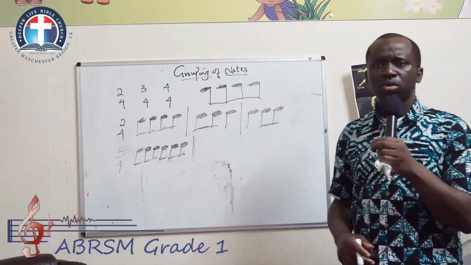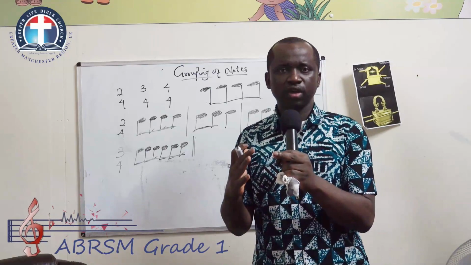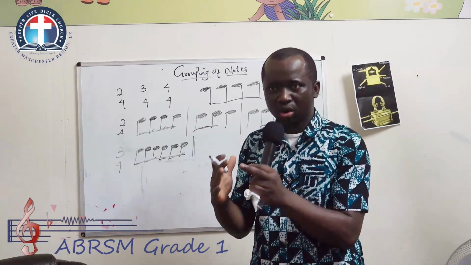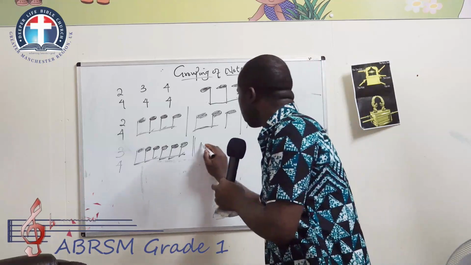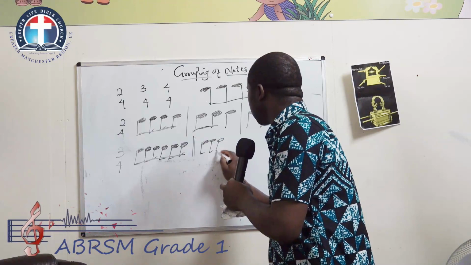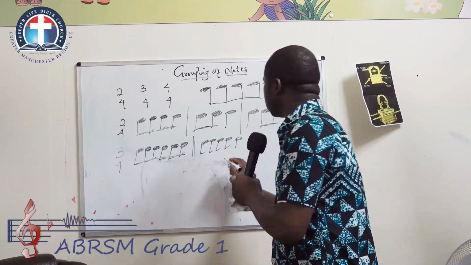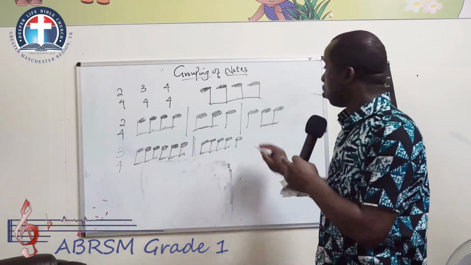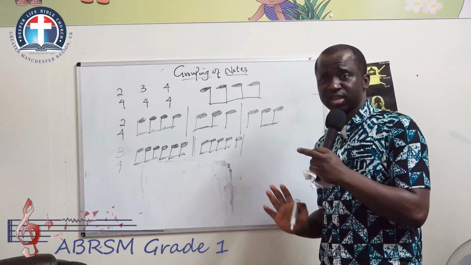Also, you could have 4 quavers and 1 crotchet. So you could have 4 quavers like this together. Remember, they must always be together, and 1 crotchet. You can beam these 4 quavers together, whether the crotchet is at the front or at the back.